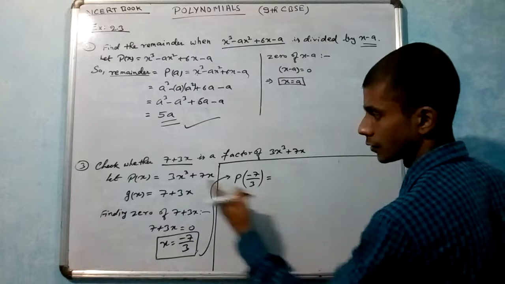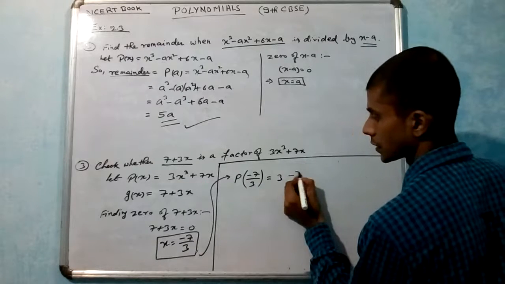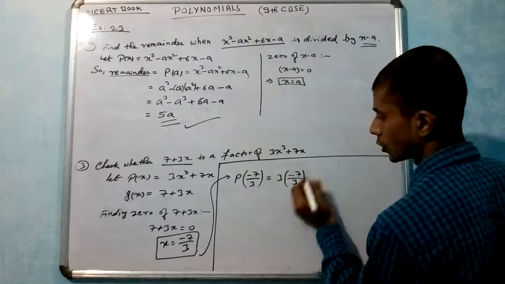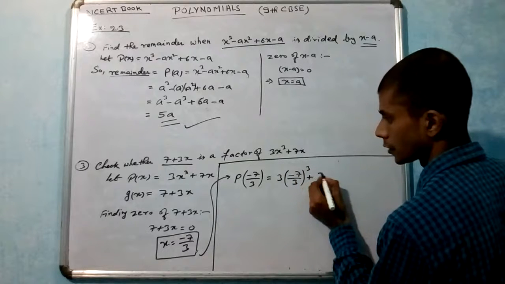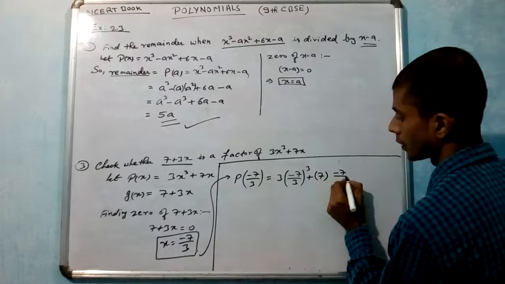So 3 into minus 7 by 3 whole cube, plus 7 into minus 7 by 3.